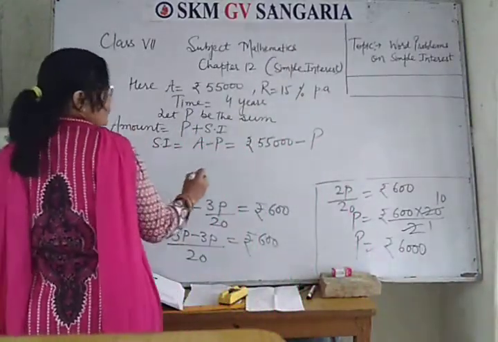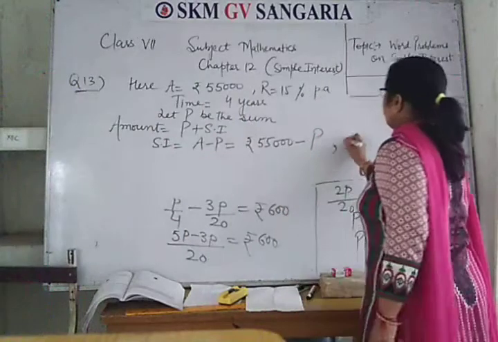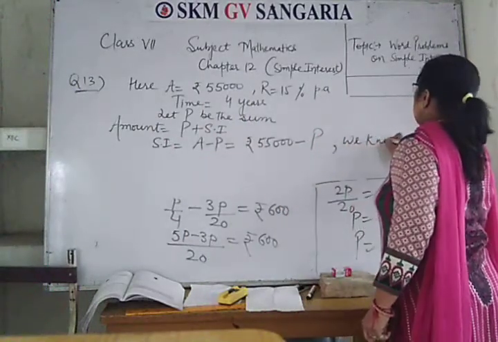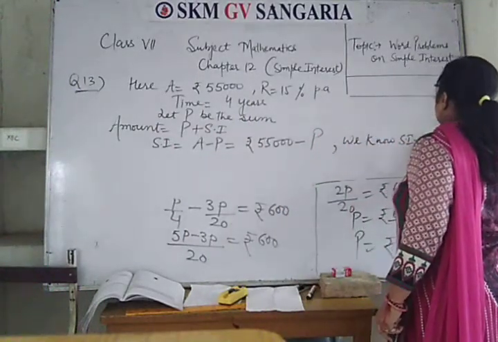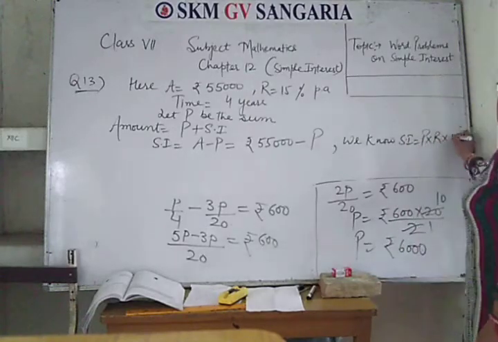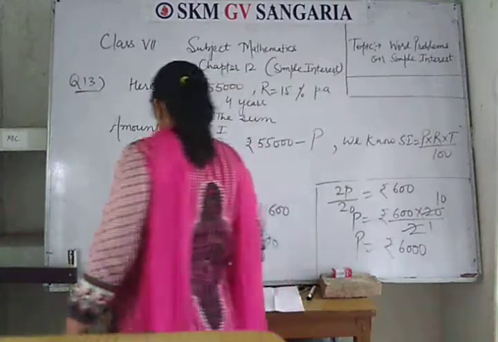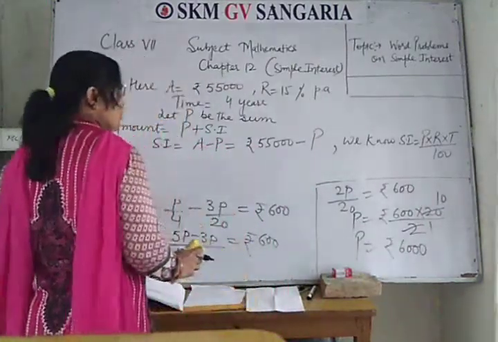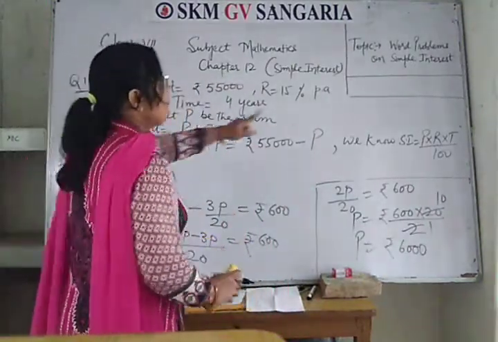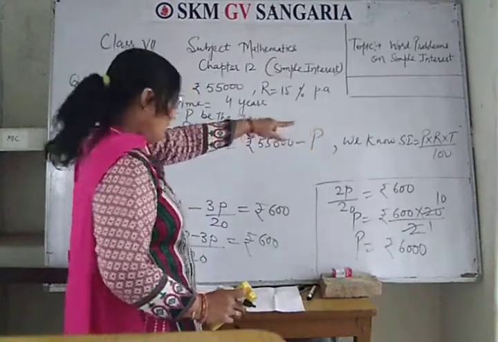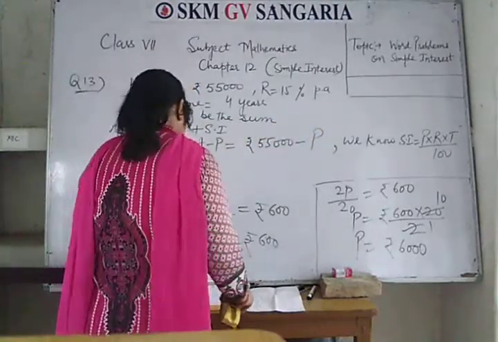And we know that simple interest is equal to P into R into T upon 100. So with the help of this formula, we will find the principal.